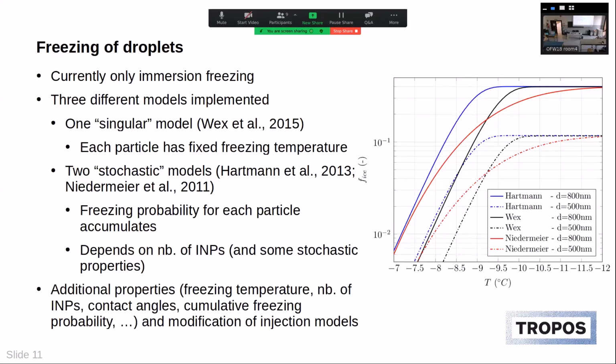For these models, we had to add a lot of additional properties to the particle class, for example, the freezing temperature for the singular model, the number of INPs, the contact angles, and so on. And we also had to modify the injection models.